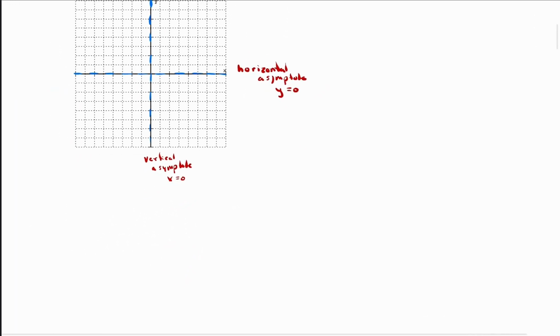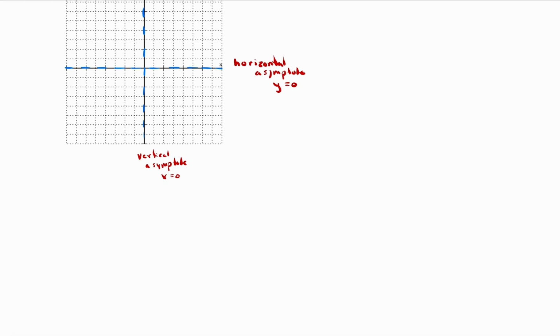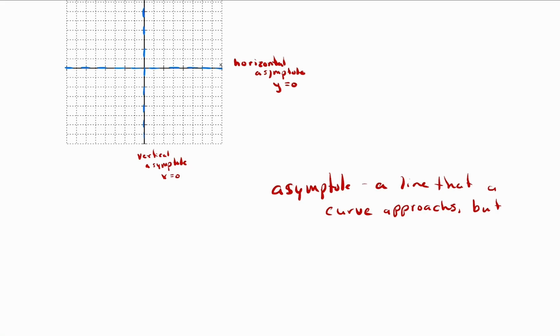Now, for those of you who are unfamiliar, an asymptote is a line that a curve approaches but never touches as it heads towards infinity.